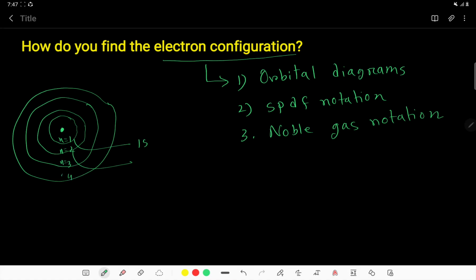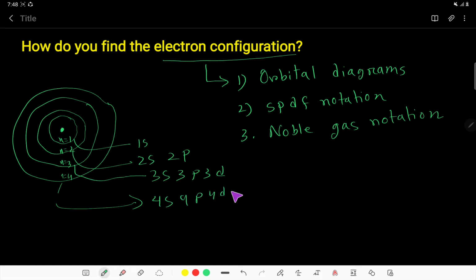The first energy level has one subshell, which is s, so we express it as 1s. In the second energy level we have two subshells, 2s and 2p, and in the third energy level we have 3s, 3p, and 3d. These s, p, d, f are called subshells. And in the fourth energy level we have 4s, 4p, 4d, and 4f subshells.